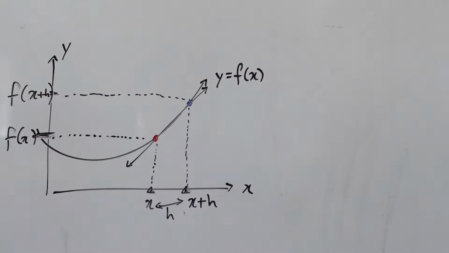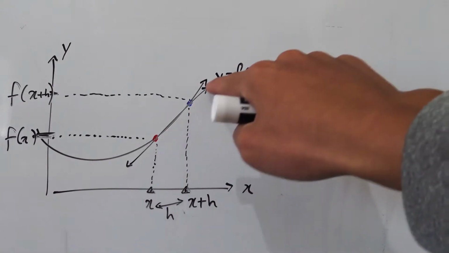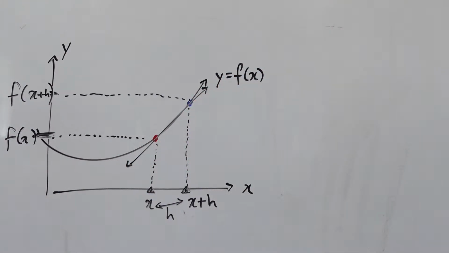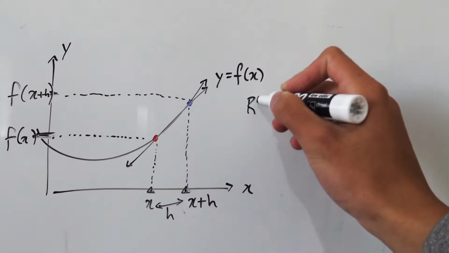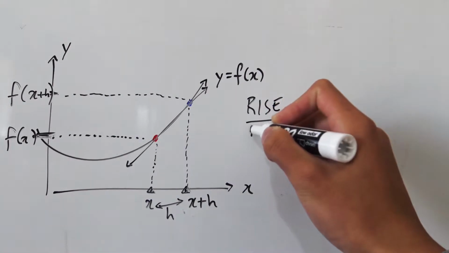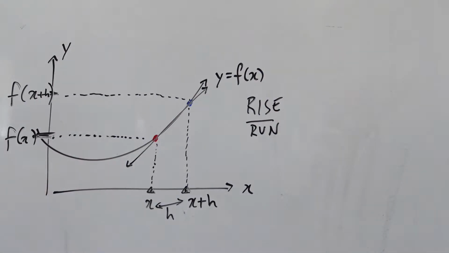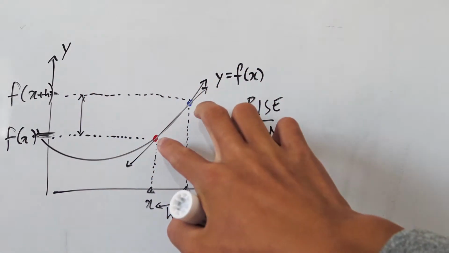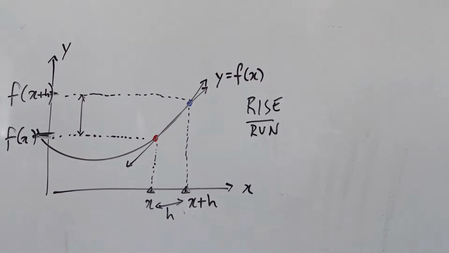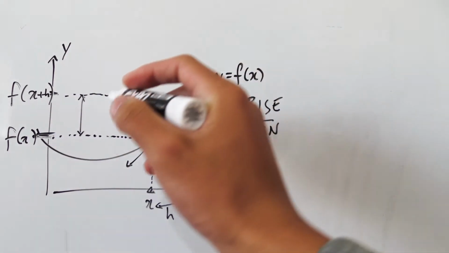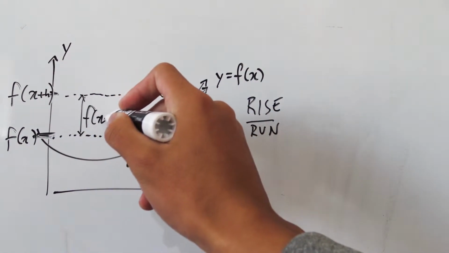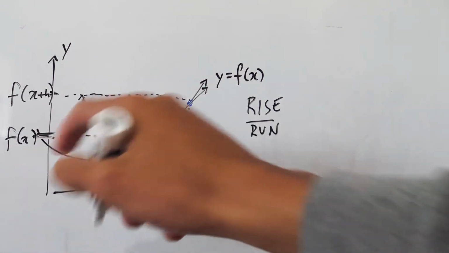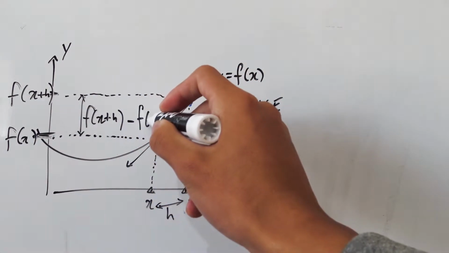What we can do now is finally use rise over run to find the gradient of our secant line that passes through both of those points. The gradient of our secant will be some rise over some run. But what is our rise? Our rise is just the difference in y values between these 2 points. We take the upper value, f of x plus h, and subtract the lower value, f of x. So our rise is f of x plus h minus f of x.